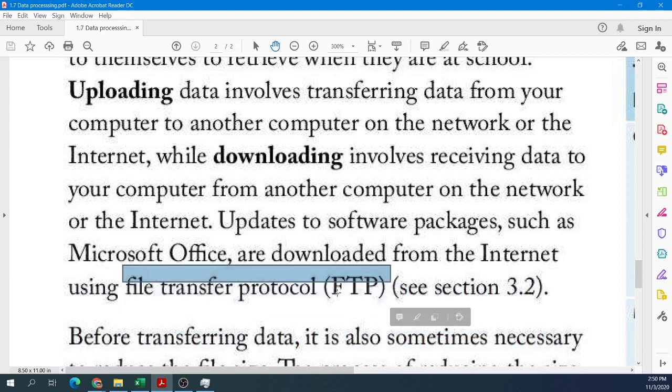It will come up in future exams and it will come up for CXC. Downloading files can be done with the File Transfer Protocol. You can upload and download with File Transfer Protocol, but for Microsoft, they would use it to download their updates to your computer.